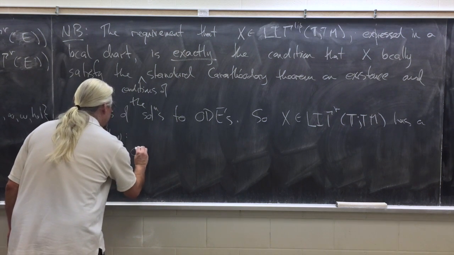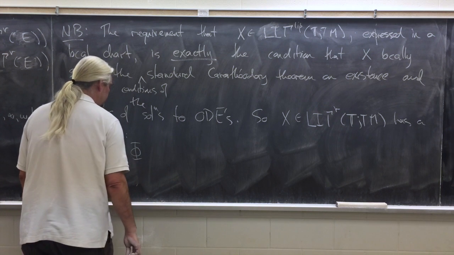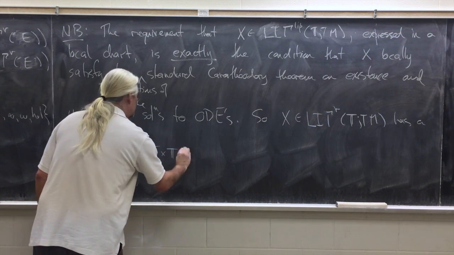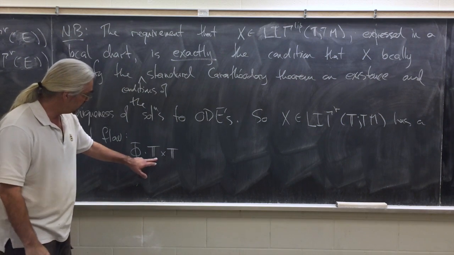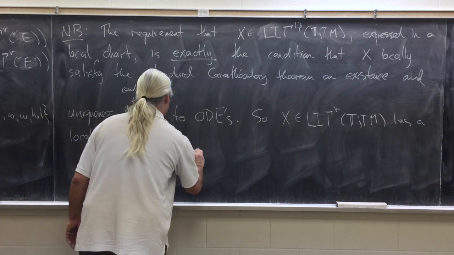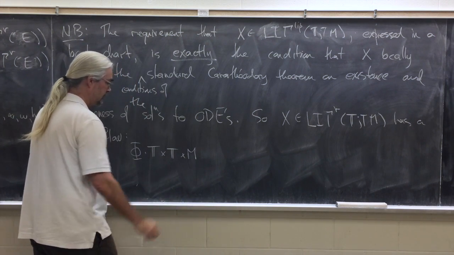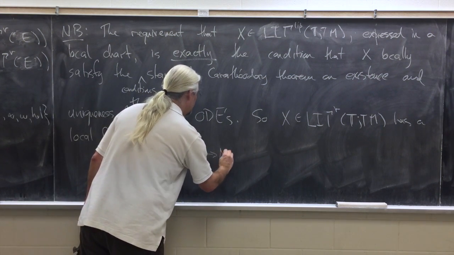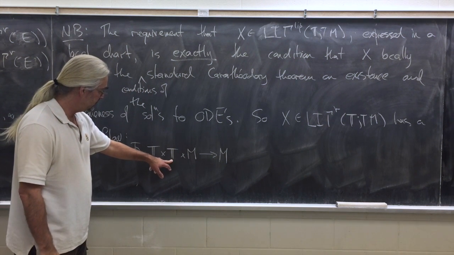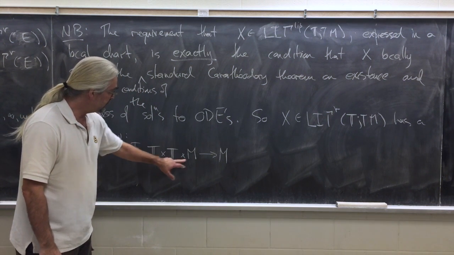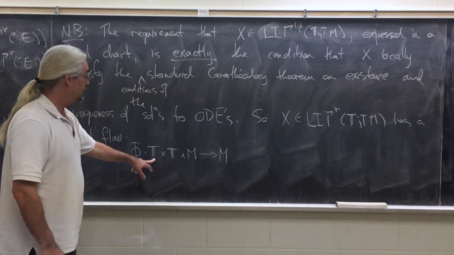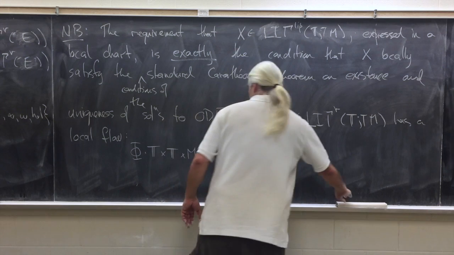A flow is a mapping, phi, from T cross T, so this will be initial time, final time, initial condition, into M. You choose an initial time, an initial condition, and a final time. So I already messed it up.